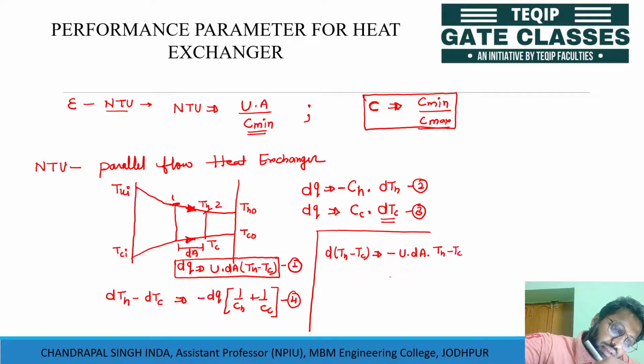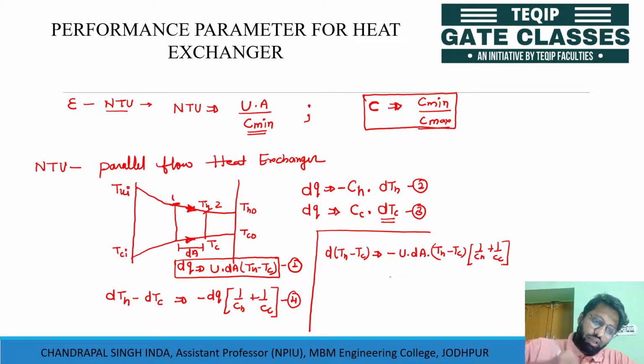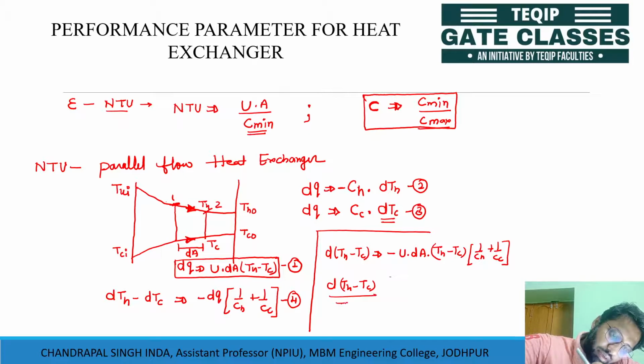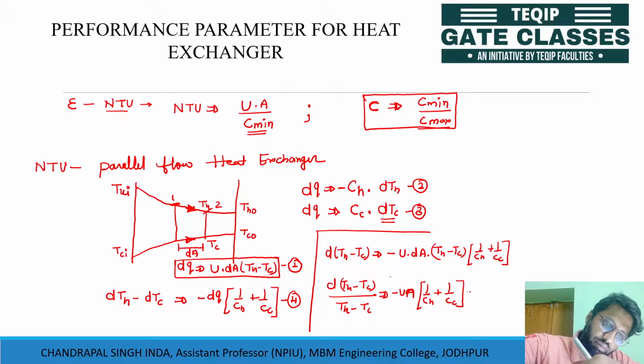dTh minus dTc equal to minus U multiplied by dA (Th minus Tc) (1 by Ch plus 1 by Cc). We will have delta Th minus delta Tc divided by Th minus Tc equal to minus U dA (1 by Ch plus 1 by Cc). This is equation number 5.